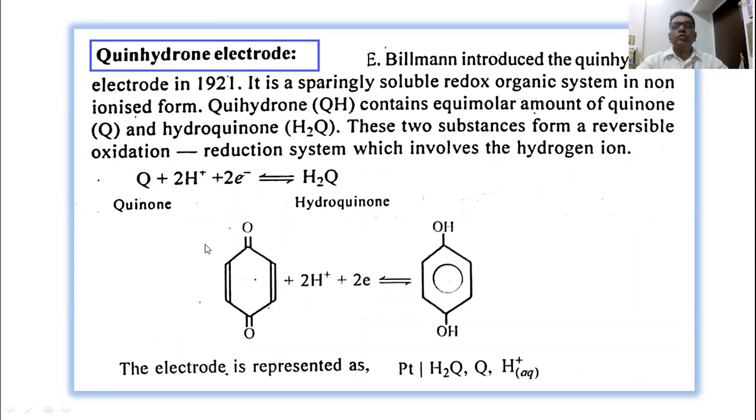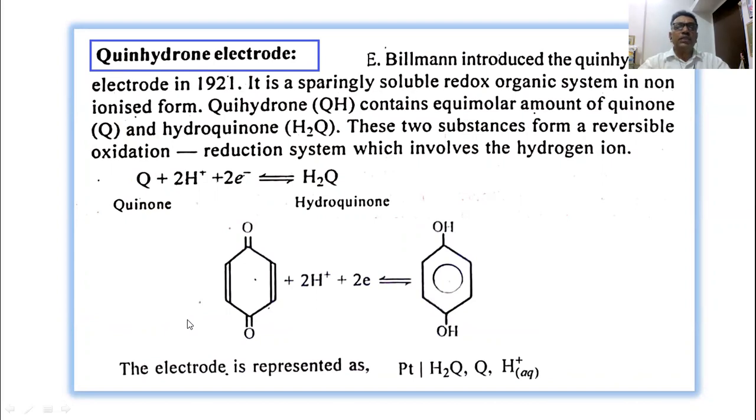This electrode was introduced by Billman in 1921. The quinhydron electrode is a sparingly soluble redox organic system in non-ionized form.